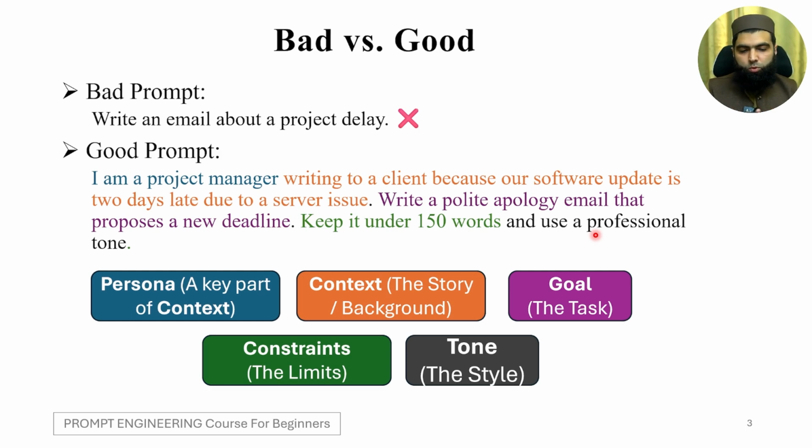Sometimes several keywords combine and decide the output. So here we write polite apology, which is also a tone, and then we use a professional tone. When we are using an apology for the email, it should not be a random apology like we humans interact with. It should still be in a professional tone based on my role, because I'm a project manager.